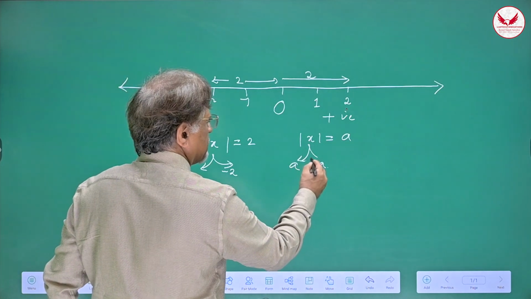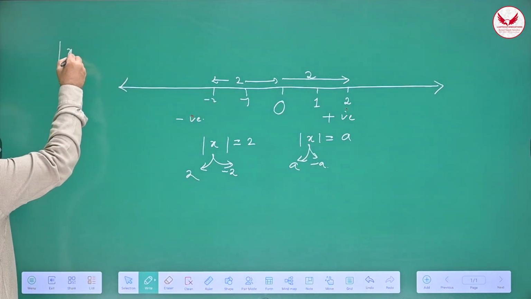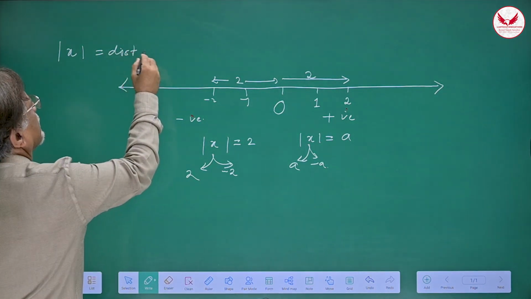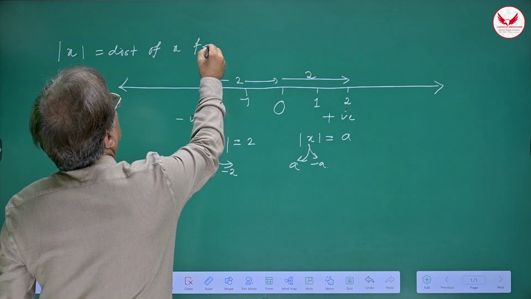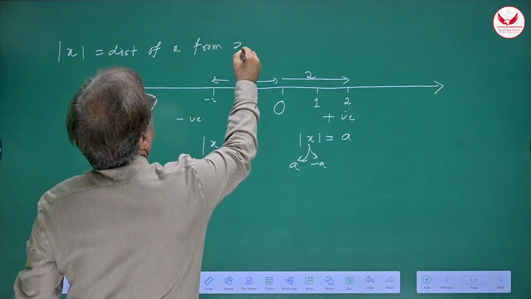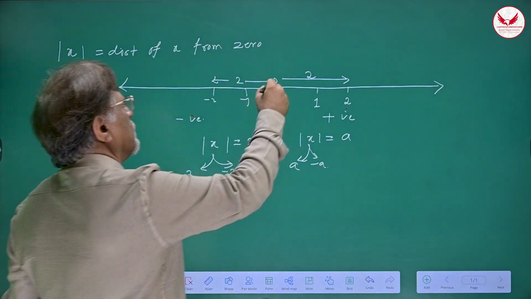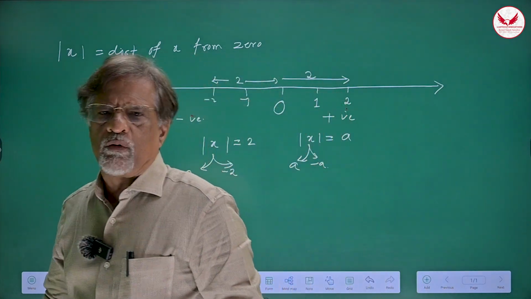So what is mod x? Geometrically speaking, the distance of x from 0. That is called mod x. So if I ask you mod of 11, how much distance is it away from 0? 11 units.